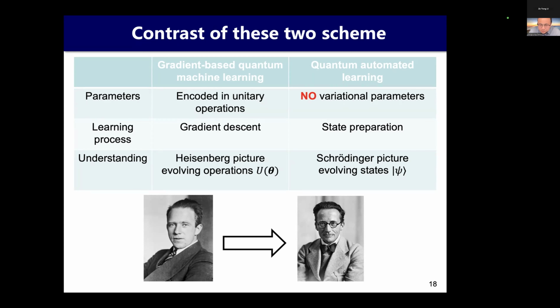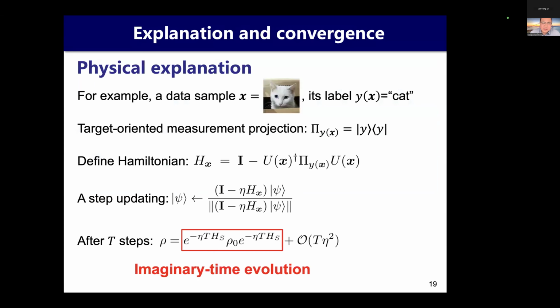Okay. So now let me give a physical explanation of this. In our approach, for example, a data sample x has a label y_x, let's say equal to a cat, right? Then the target-oriented measurement is basically a projection to the label y.